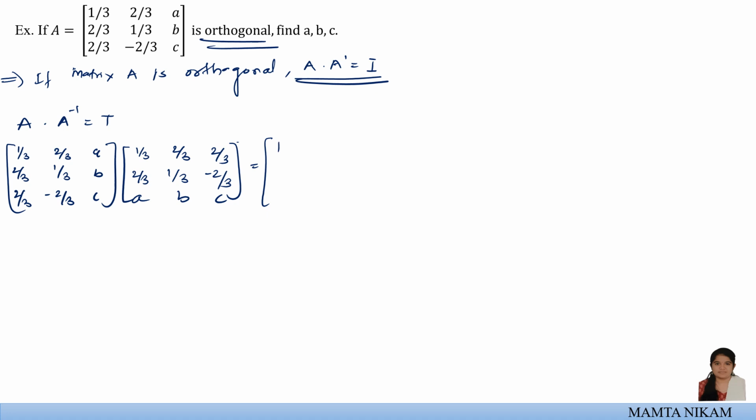Since this is a 3x3 matrix, we will consider the 3x3 identity. Okay, now on the left hand side we will multiply these two matrices and evaluate, and then we will equate it with the matrix on the right hand side. So we will perform the matrix multiplication.